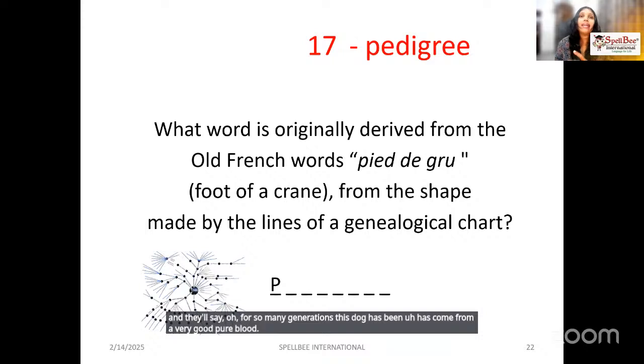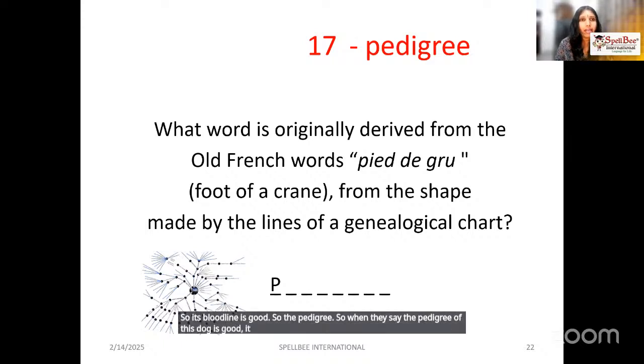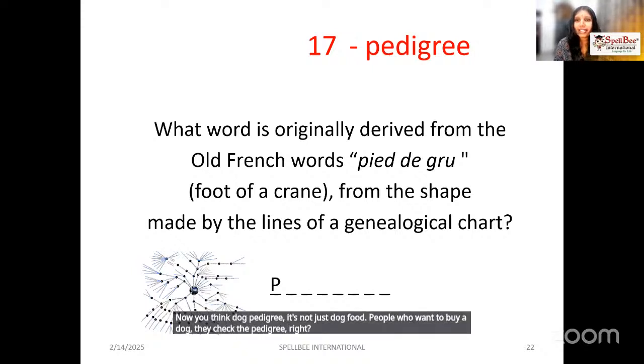So its bloodline is good. So when they say the pedigree of this dog is good, it means that this dog has come from a very good, unmixed bloodline. Okay. So that is why now you think dog pedigree. It's not just dog food. People who want to buy a dog, they check the pedigree, right?